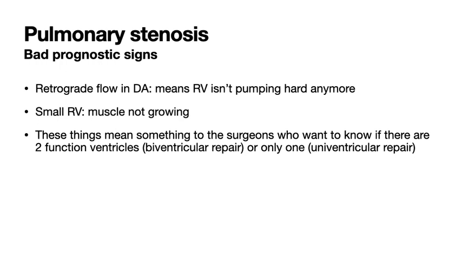If the surgeons know that there's only one pump, the other pump doesn't work anymore, they need to rearrange the plumbing to use only one ventricle to do all the work. And they will look at things like the size of the right ventricle and the retrograde flow in the ductus to figure that out.